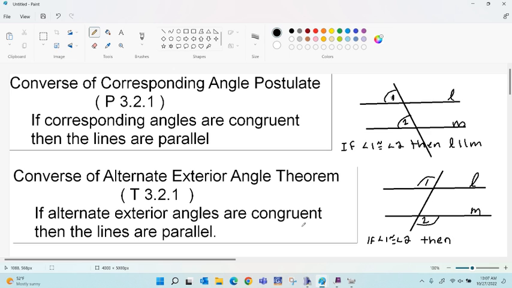So how would that look in this specific example? What do you think, Rick? Angle 1 is congruent to angle 2, then, in this specific example. Isaiah, what do you think?